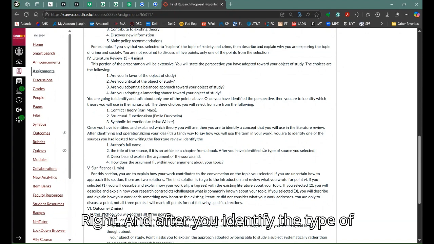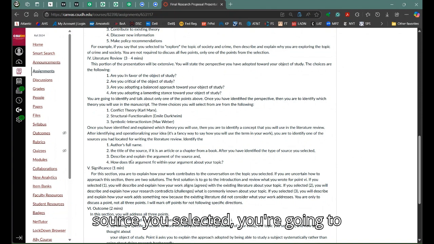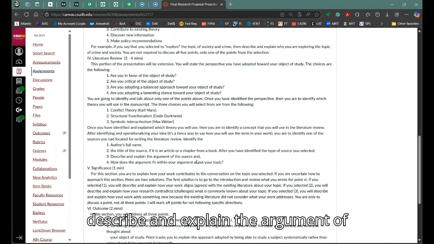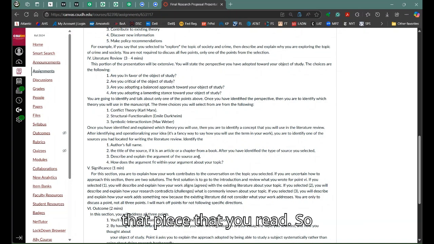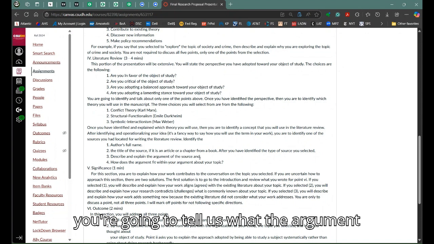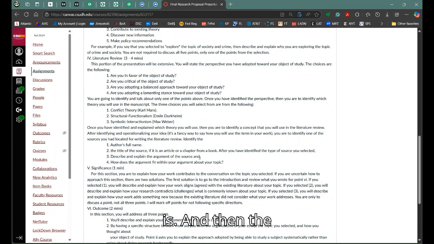Right. And after you identify the type of source you selected, you're going to describe and explain the argument of the source, or what the author provides in that piece that you read. So you're going to tell us what the argument is.